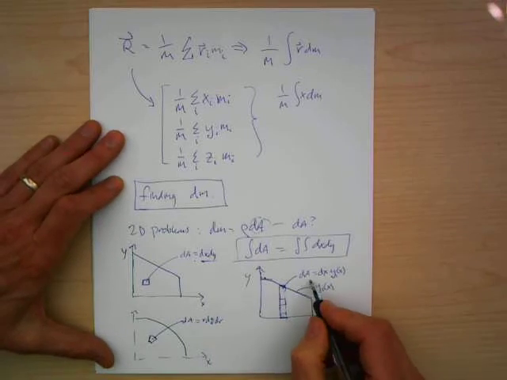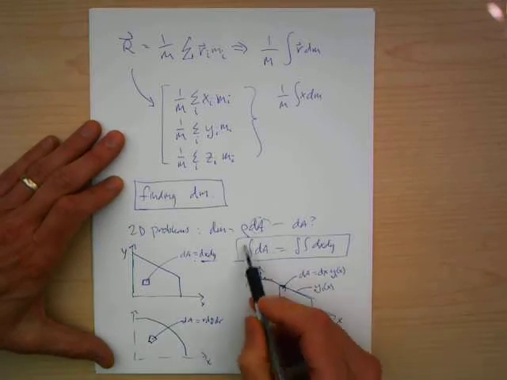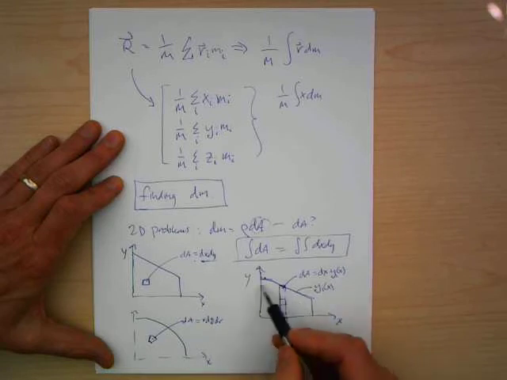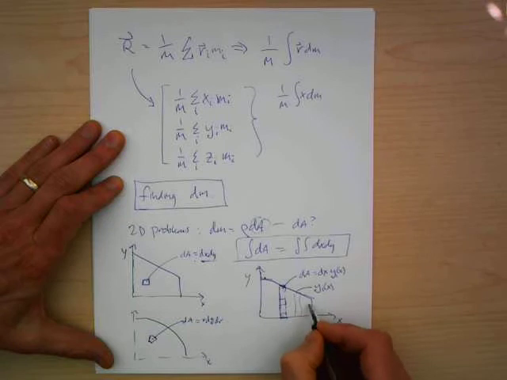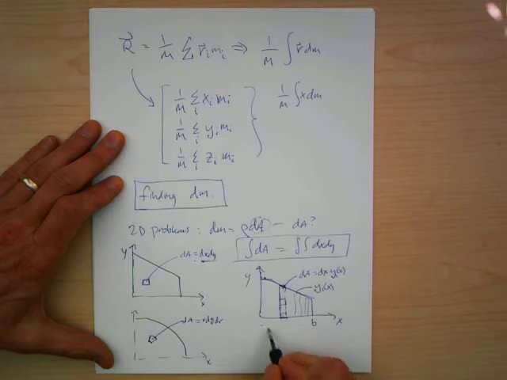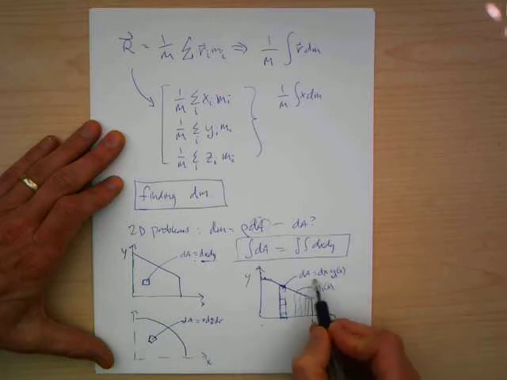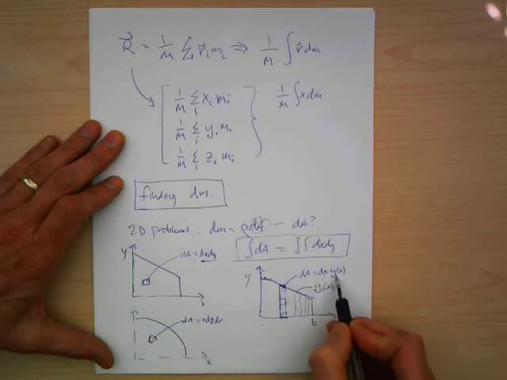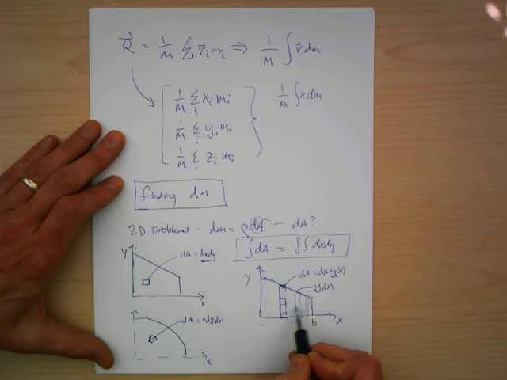Now in order to integrate over the whole shape, all I have to do is take this strip and integrate it from x equals 0 to x equals something, let's call it b. So I'm just going to add up vertical strips of this nature, all of which have an area dx times y of x, going across this shape.